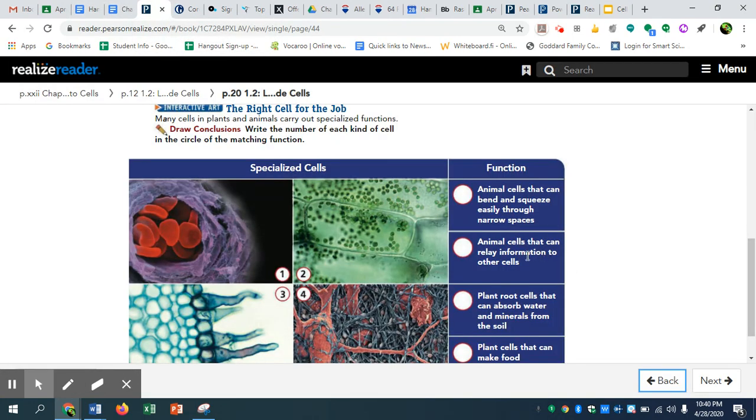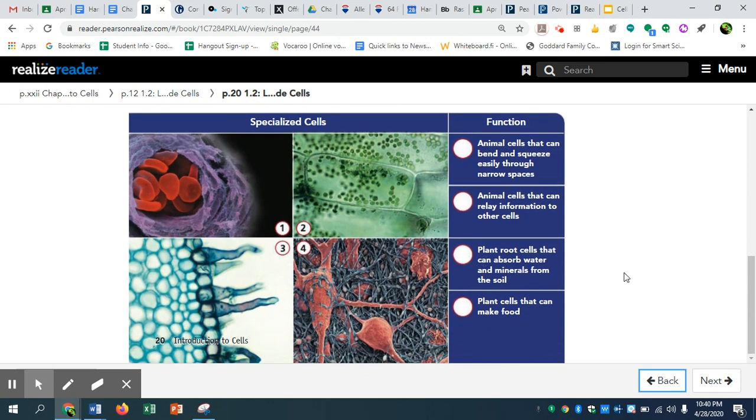Animal cells that can relay information to other cells. As we take a look at these pictures, when we talk about relaying information, we're really talking about nerve cells. The fact that I'm speaking right now and I can move this mouse around, or that you can listen and write. Your brain is telling your fingers to type on the keyboard.